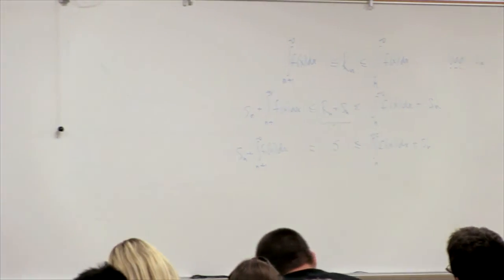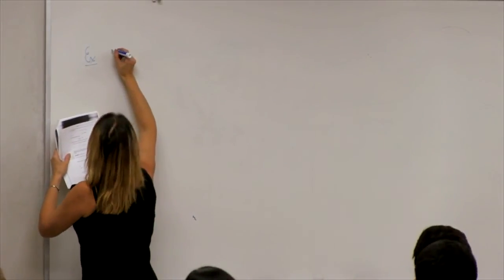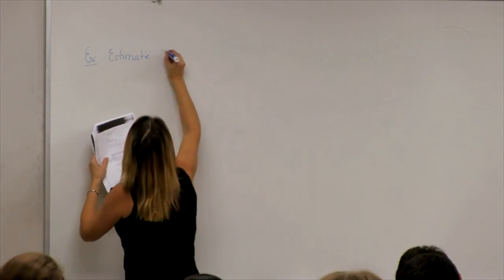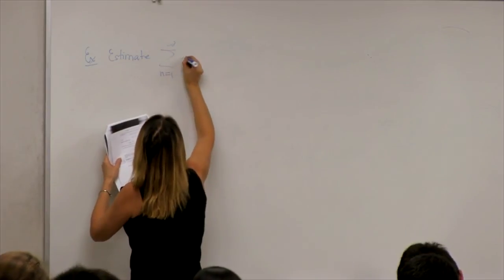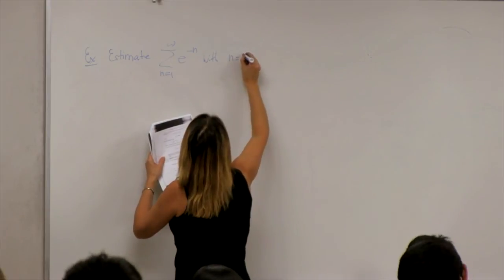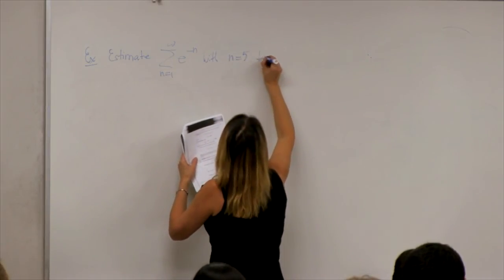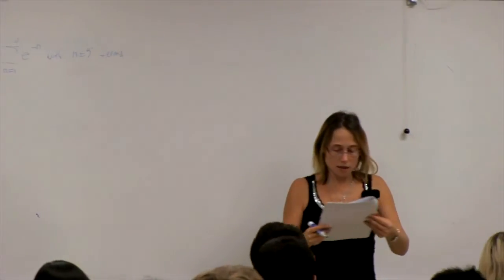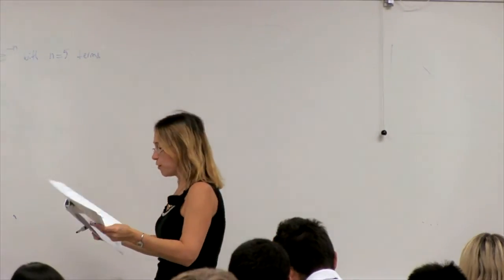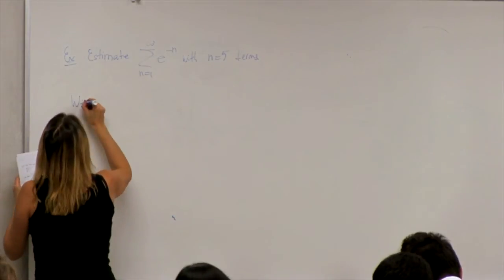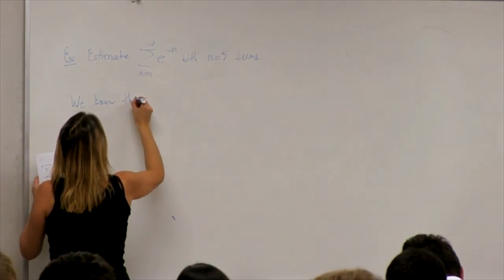So let's do the example. Estimate the same infinite series e to the minus n with n equals 5 terms. How close is my answer if I only add 5 terms? So we know that.